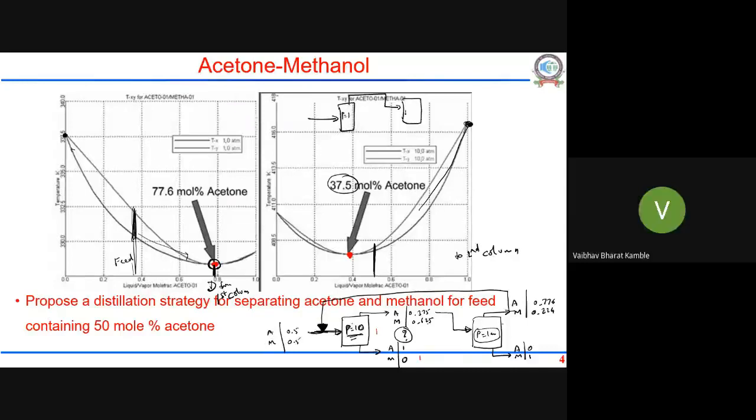Sir, the second column has less feed, less amount of feed. So what? So maintaining high pressure will take less energy in the second column.